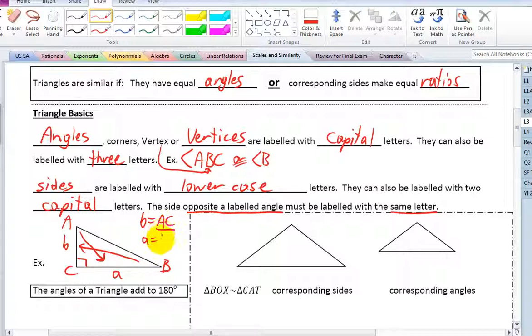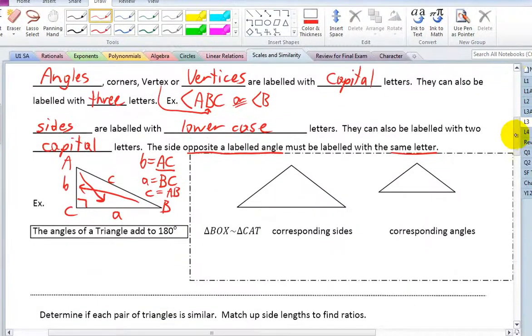CB, usually alphabetical though, BC, although I don't mark CB wrong. Okay. Which side is little c? What's another name for little c? Hypotenuse, or 2 capital letters? AB. Okay. So we need to know how to label them.